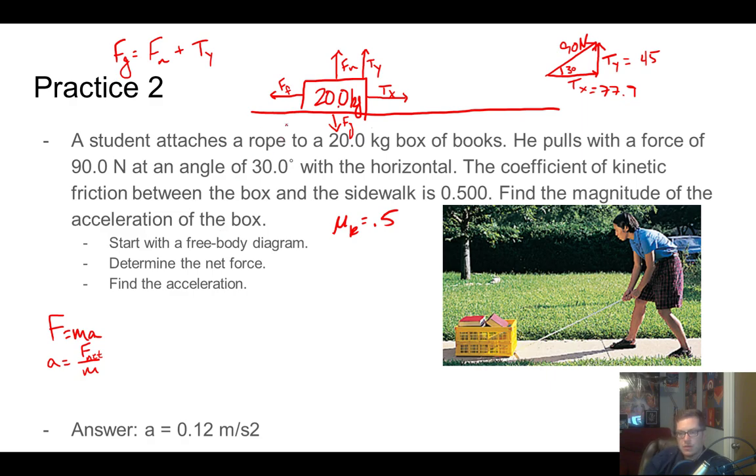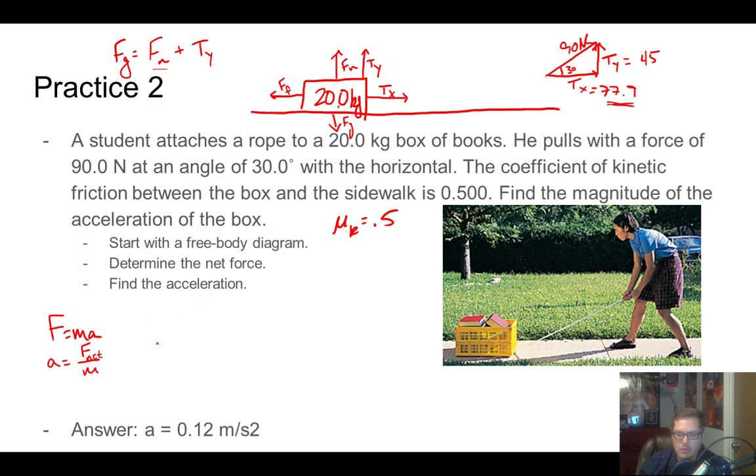All right, so we need to find what our Fn is, okay? Because in order to find out how effective, we know how hard we're pulling here. Now we're pulling at 77.9 newtons, but we don't know how hard friction's pulling back on us. So we need to figure out what the force of friction is.